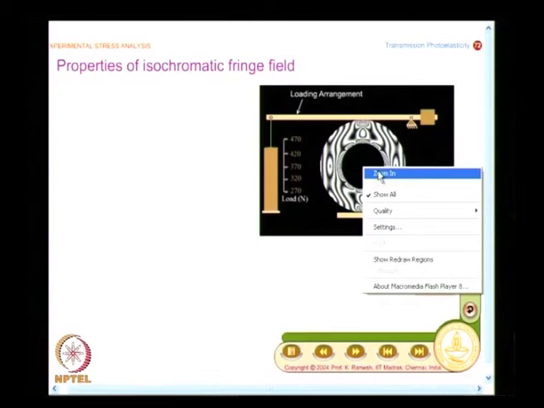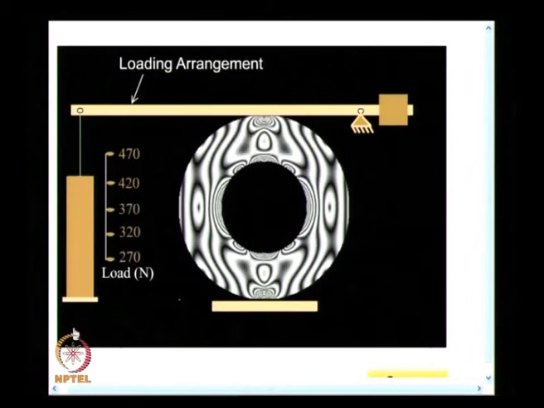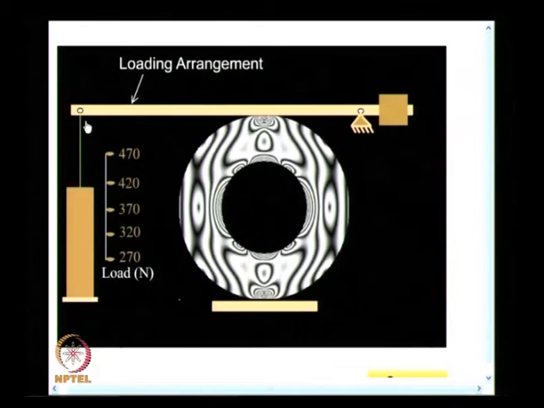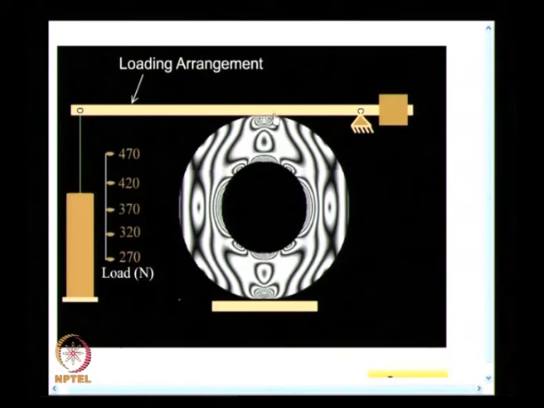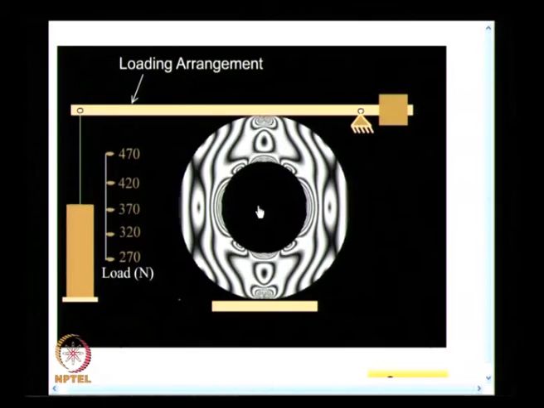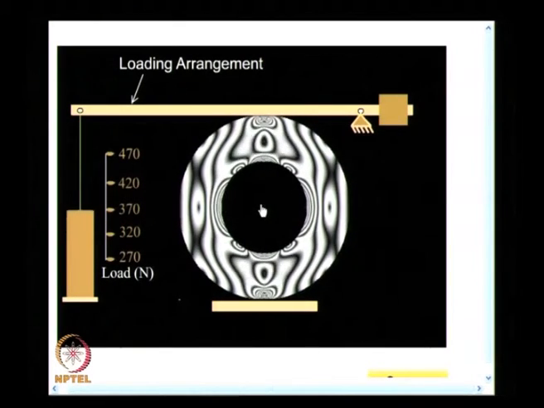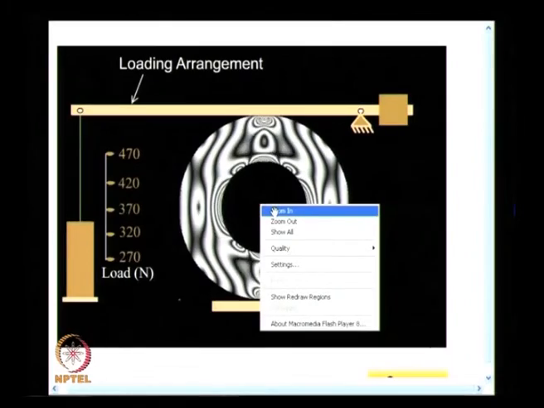This I will magnify, and what you need to look at is, I have this load being varied, this is a lever arm loading frame, and as the load is varied fringes are developing and moving, and the idea is to just look at the fringe field, see for a few minutes, you need to see what all special features you look at. Very interesting things are happening. I want to take out this portion and then see what it is that you observe.